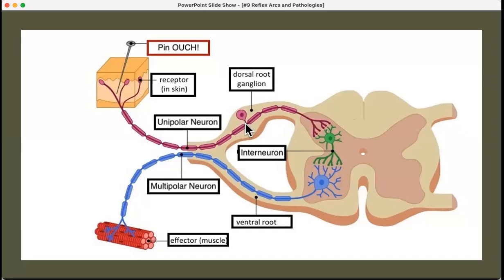See, it's only got one stalk coming out of the cell body. And this dorsal root ganglia is an accumulation of multiple cell bodies. So it causes this swelling. That's the dorsal root ganglia. So it's coming from your skin, sensory, interneuron, and out the multipolar neuron going to the effector or the muscle.